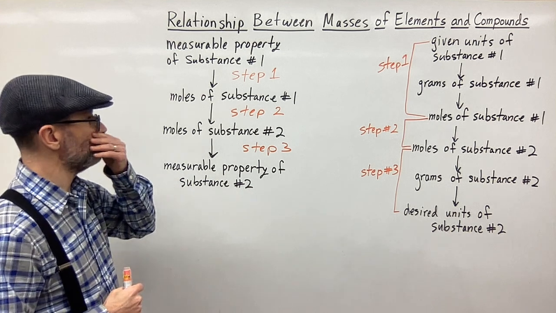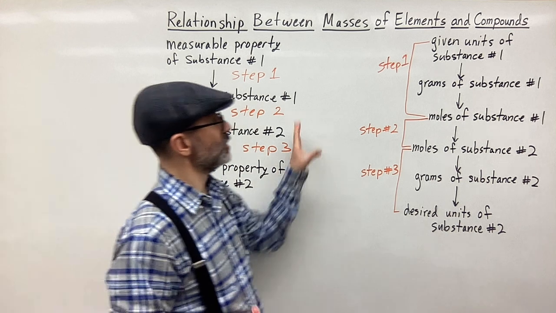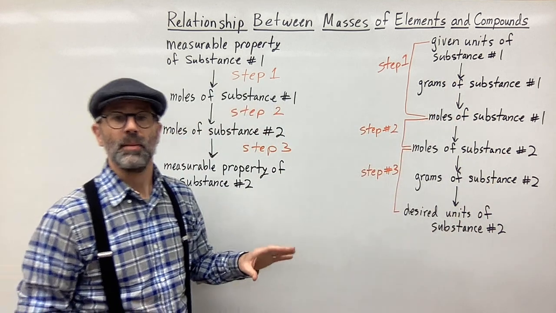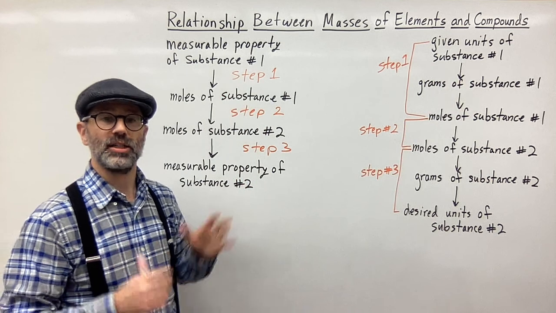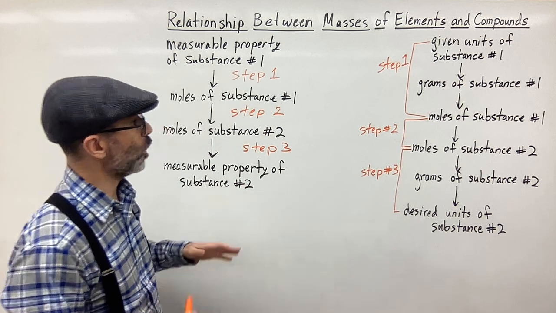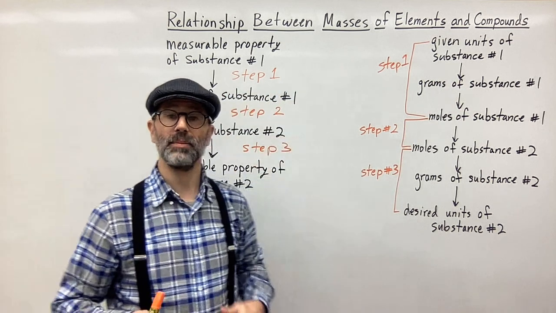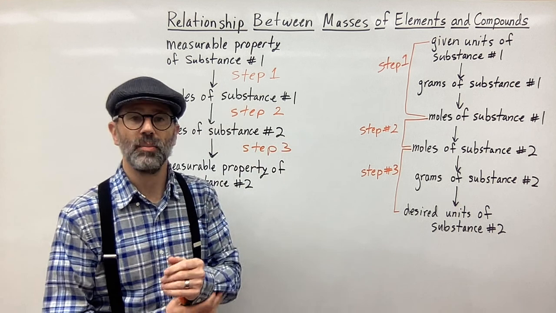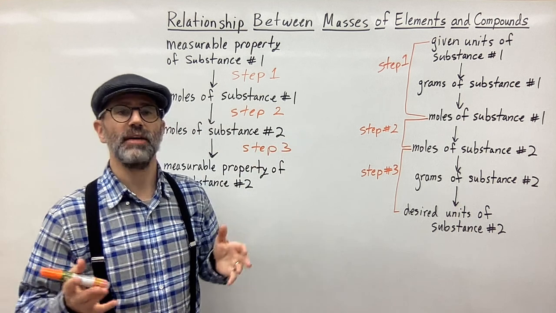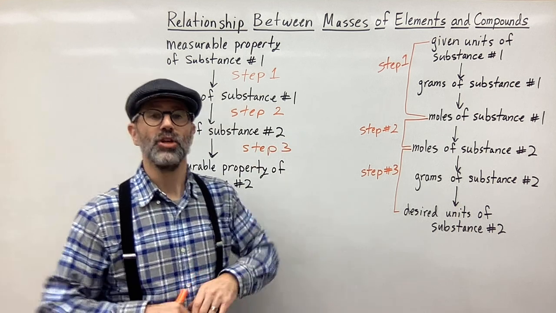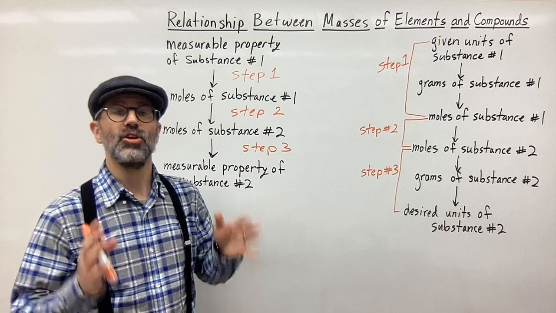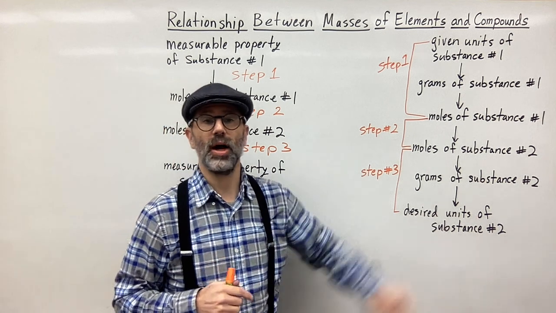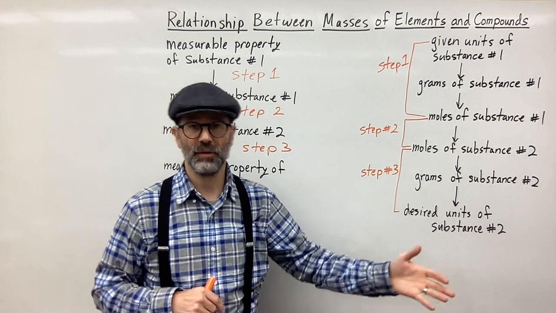Now, here is a more specific roadmap, but the 3 steps are still there. Grams is by far the most common unit that you're going to be given or that you want to get to. Normally you're given mass of one substance and then you want to convert to mass of a different substance.